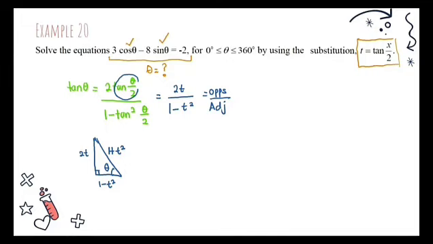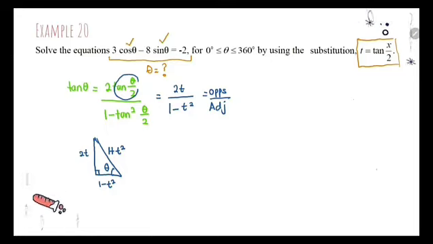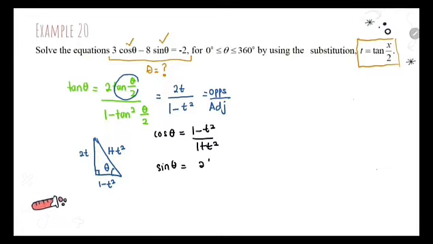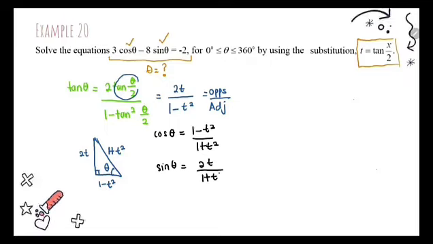From this right angle triangle, we will be able to write down cos theta and sin theta in terms of t. So from the triangle, cos theta would be 1 minus t square divided by 1 plus t square, and sin theta is 2t divided by 1 plus t square.